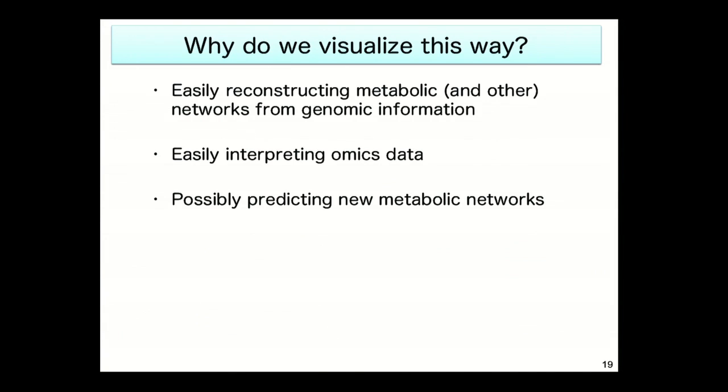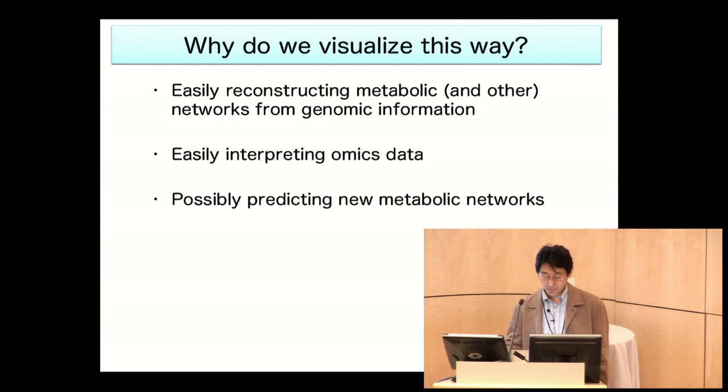So by accumulating the systems information, we would like to easily reconstruct the metabolic or other networks from the genomic information. We also would like to easily interpret omics data. And we also would like to predict some new metabolic networks which are not stored in the database yet, but there should be.